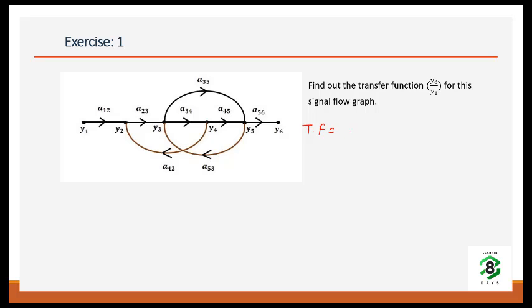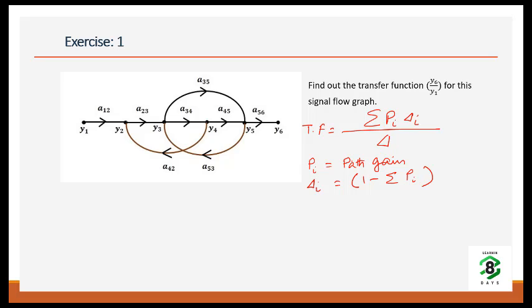Mason's gain formula can be written as: the transfer function of any system is given by the summation of Pi delta i divided by delta, where Pi is the path gain and delta i is 1 minus the summation of Pm, where Pi is the gain of a non-touching loop for that path.